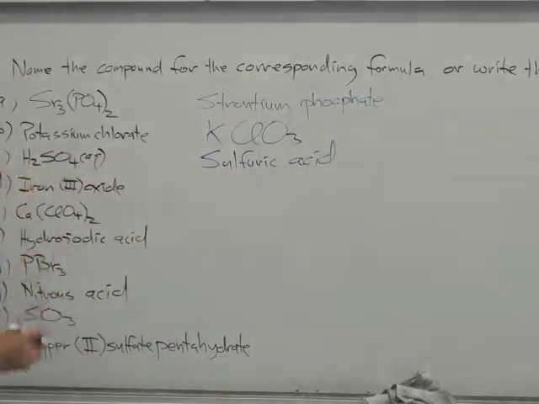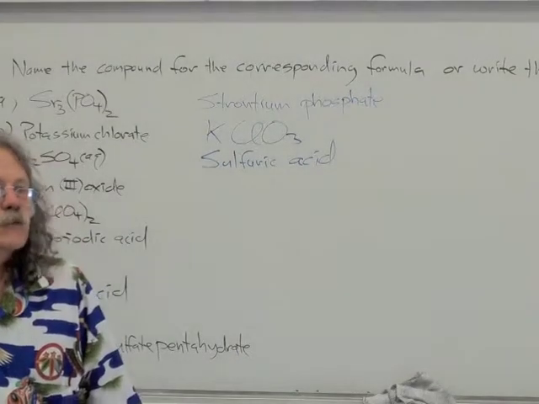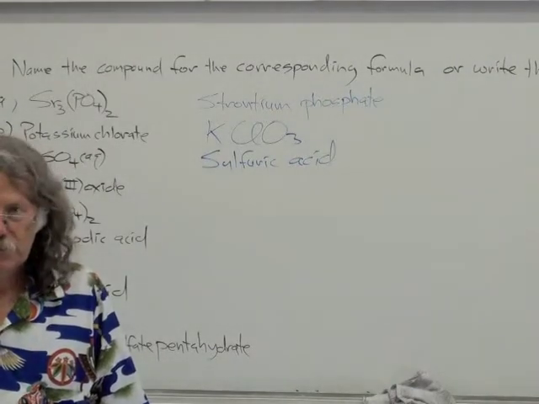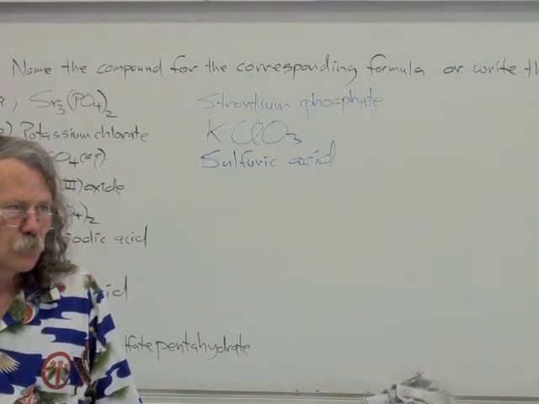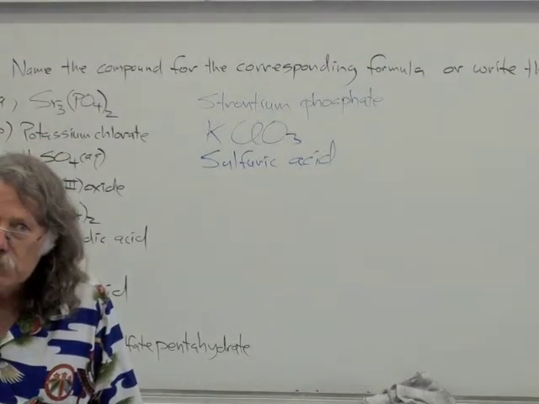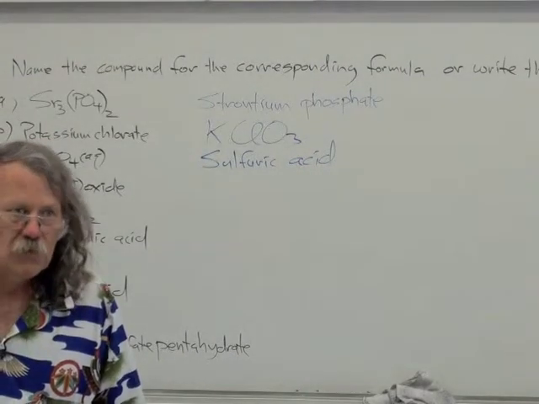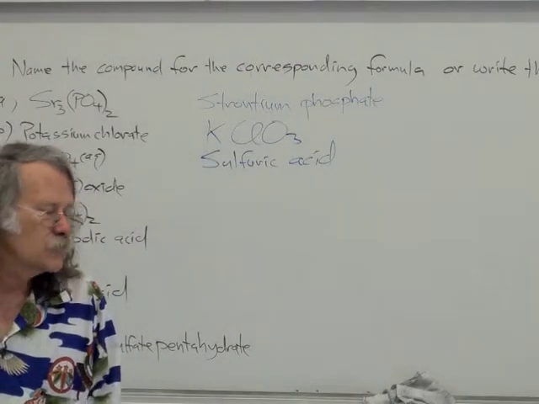Now, iron 3 oxide. Since I gave you the name, that pretty much tells the tale. What's the charge on the iron? 3. What's the charge on oxygen? It's the group number minus 8. What group is oxygen in? Group 6. So what's the charge on the oxygen? Minus 2.